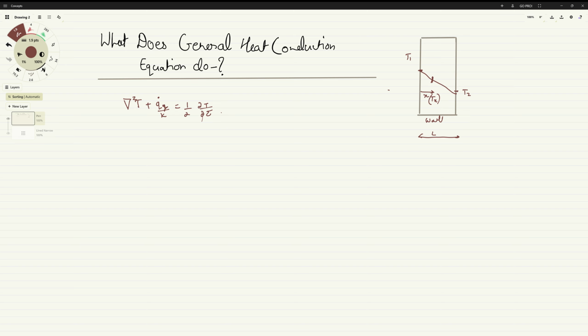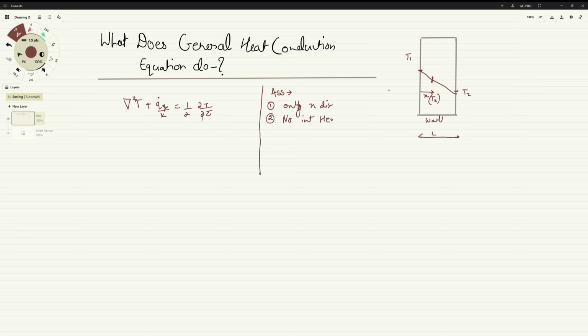We put in different assumptions to eliminate as many terms as we can. For example, in the case of the wall, I'll write the assumptions right here. The first assumption is that heat transfers only in the x direction. The second assumption is that no internal heat is being generated.